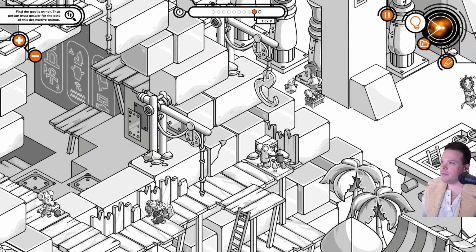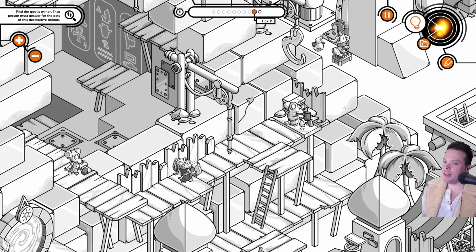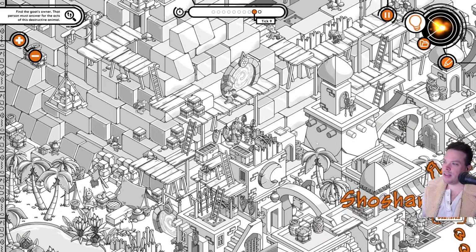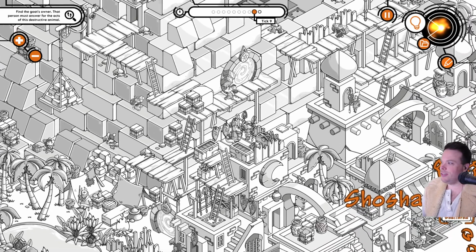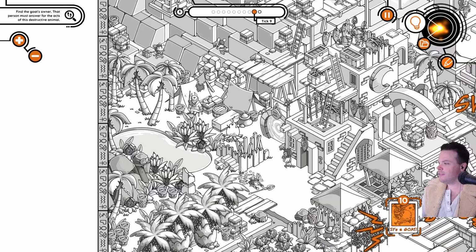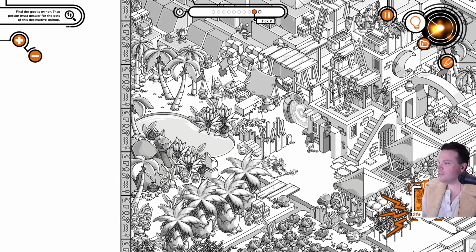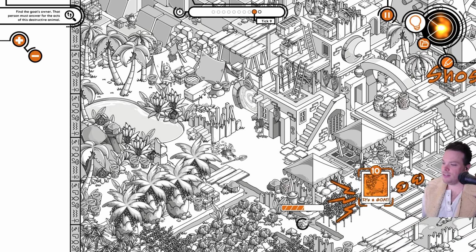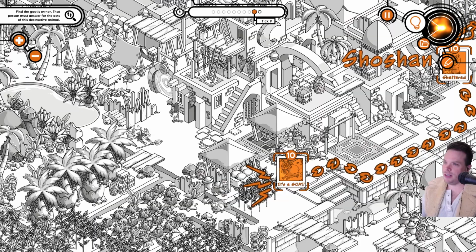The robot's getting told off. But I ain't seeing no goat, other than this one, which I'm being told isn't the correct one.